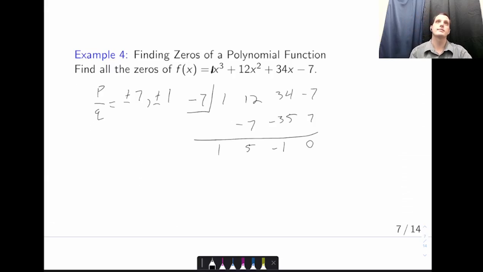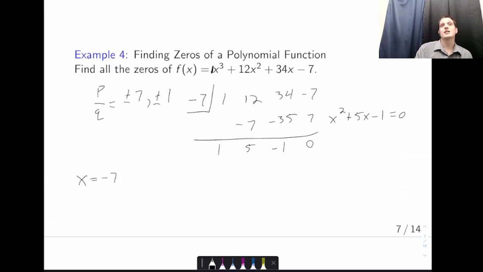Oh, good day. Okay, so we're going to get x equals -7 is 1, 0. And then we get an x squared plus 5x minus 1 equals 0.